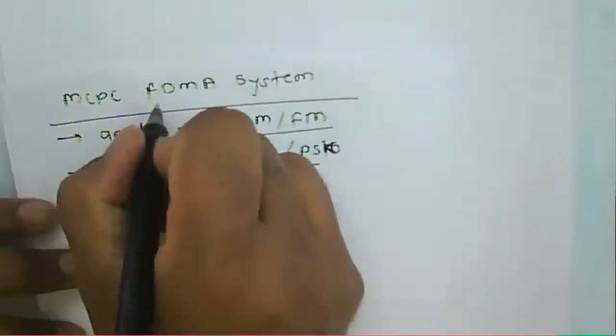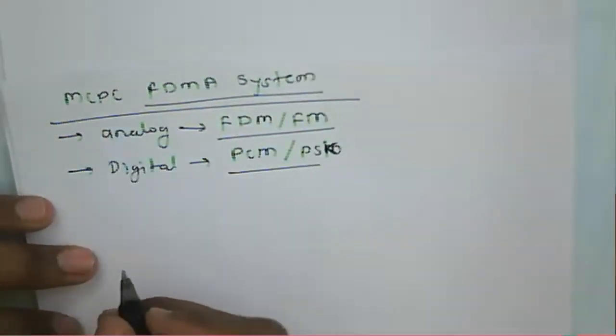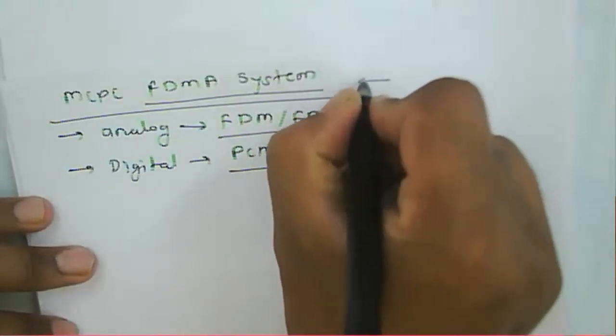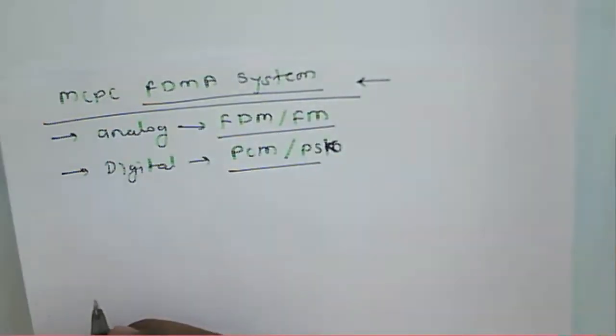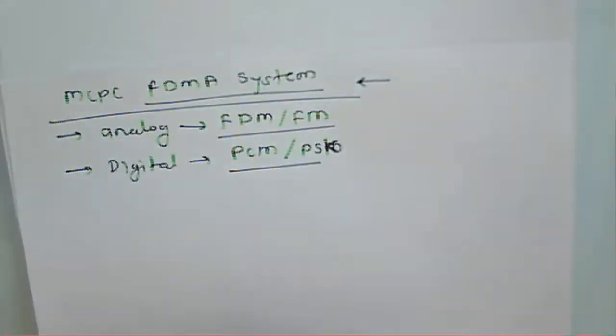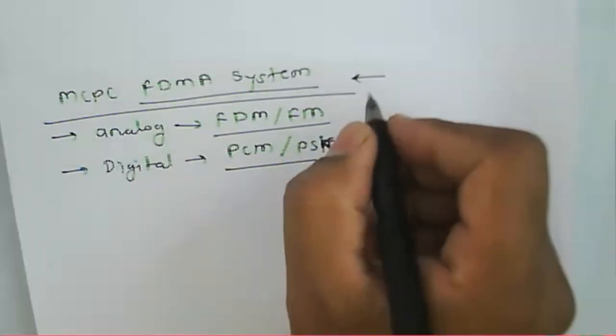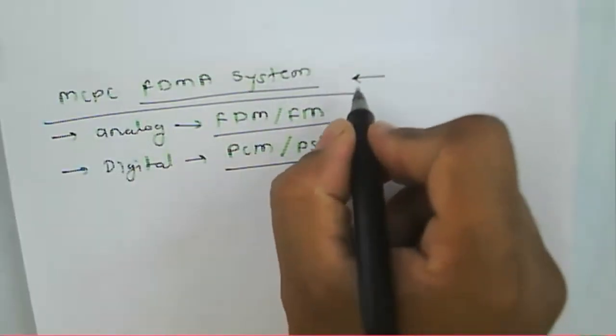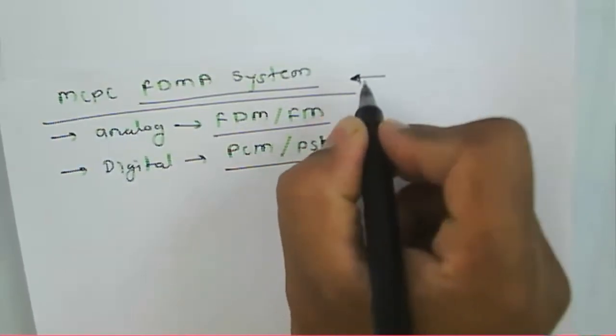Generally, when satellite communication started, the first access system used in a satellite was the FDMA system.